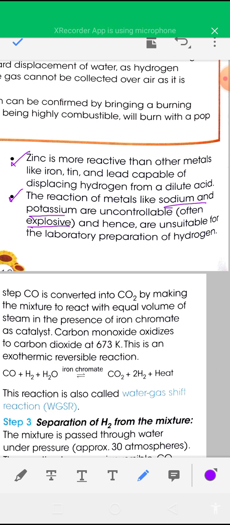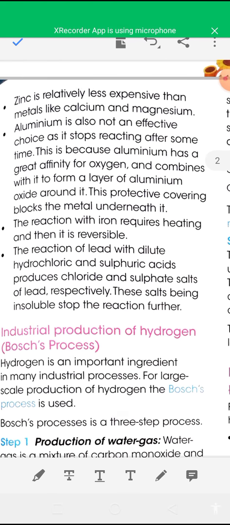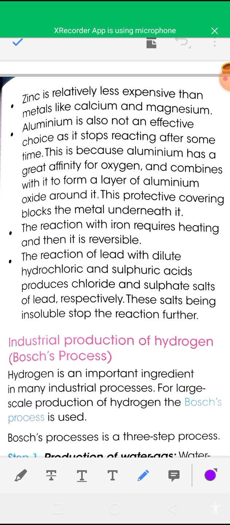That is why sodium and potassium are not used in the laboratory preparation of hydrogen. And zinc is relatively less expensive than other metals like calcium and magnesium. That is why zinc is used.